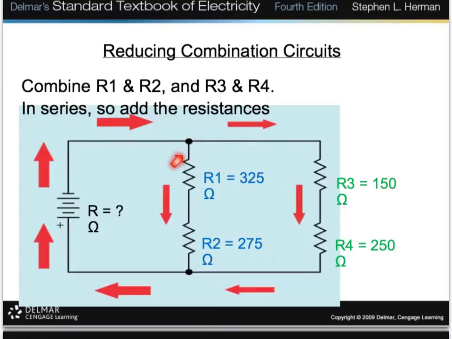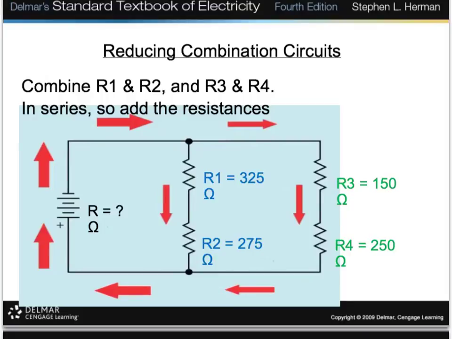It can go this way or it can go this way. But once it's in this branch, it has to go through both of these. So R1 and R2 are in series, and the same thing, R3 and R4 are also in series. Since they're in series, the way you find the series resistance is you add the two resistances.